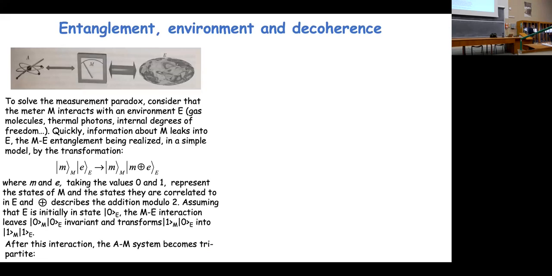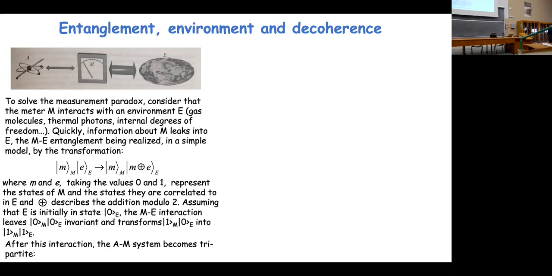What I want to make you feel is that you cannot assume that a measurement is a story between two parties, the measuring device and the system to be measured. You have a third system which watches over all this, which is the environment.